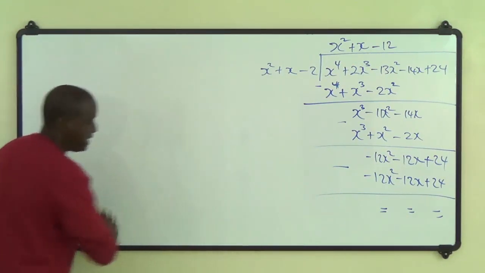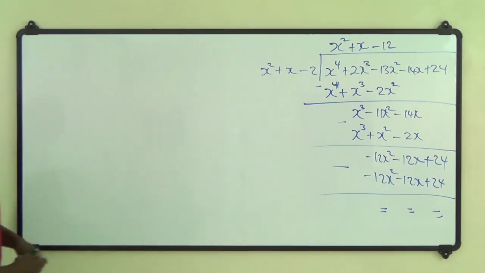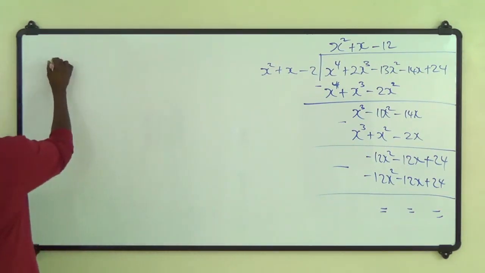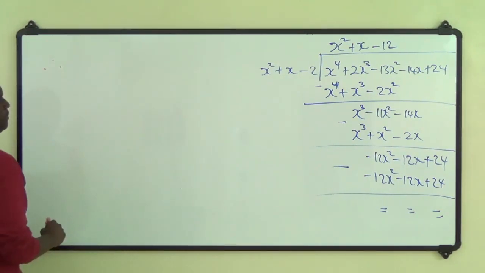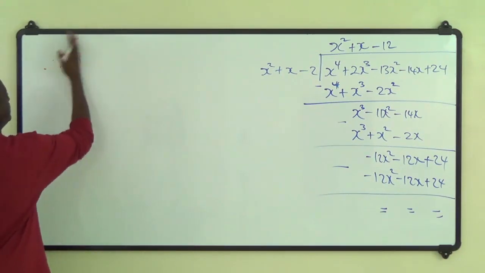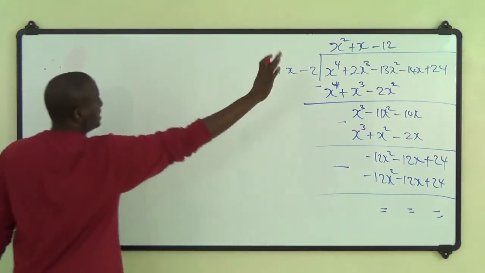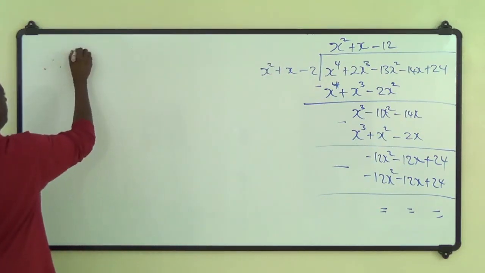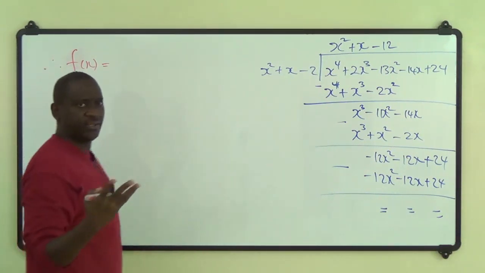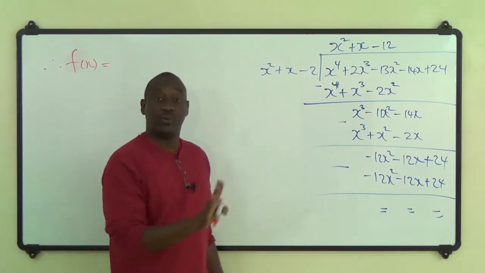we could say therefore, x^4, no, let me leave it as f of x, because that whole thing is f of x, right? Therefore, f of x, you have to find nice, elegant ways of shortening the thing when you could.